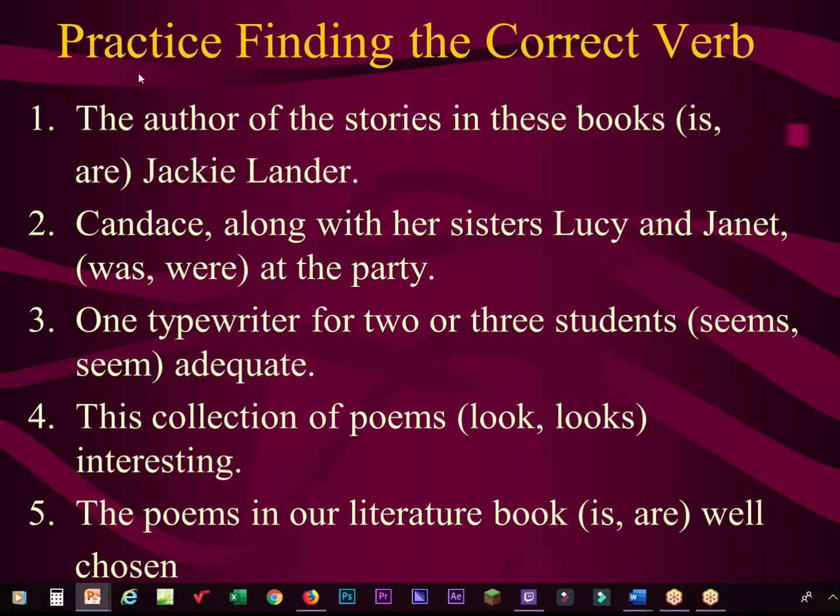All right, so now all we need to do is practice this. So we just simply want to find the correct verb. If we get rid of the prepositional phrases, you would see the author. You know that that's singular, and so you need a singular verb, is.